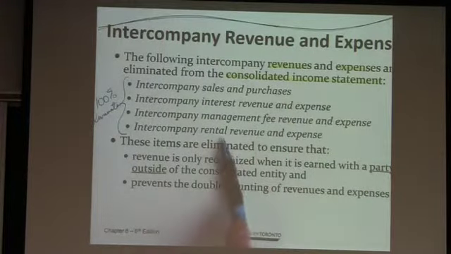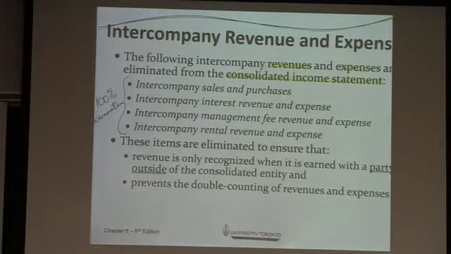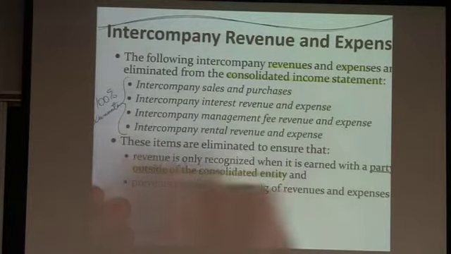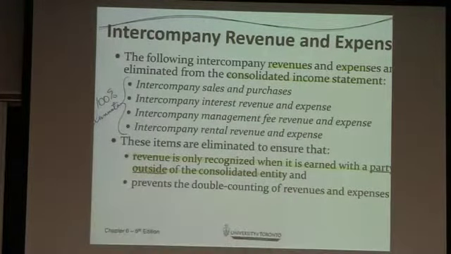And of course, in this question, we also have rental expense and revenue. These items are eliminated to ensure that revenue is only recognized when it's earned outside of the consolidated group. So this is kind of answering that other part of the question, isn't it? Remember part C asked us to use the revenue recognition criteria.